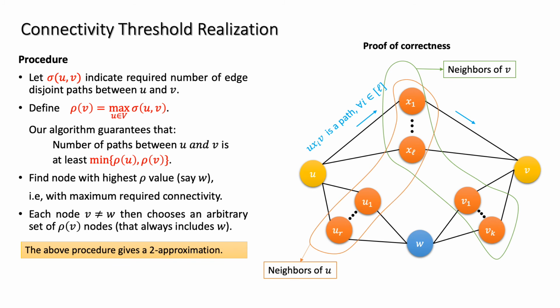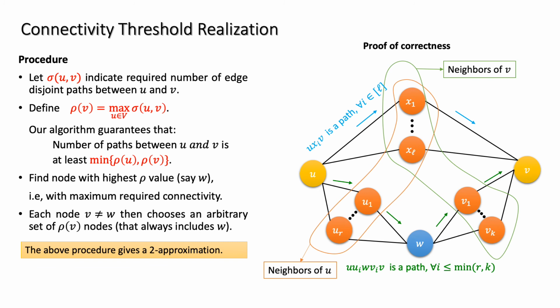So this gives us l disjoint paths. And for every i, there is a path u ui w vi v. So this gives us minimum of r or k additional paths.